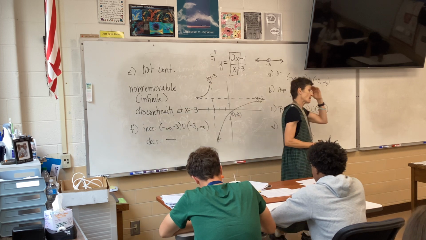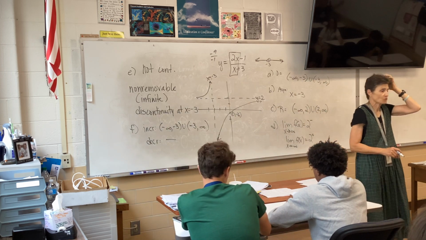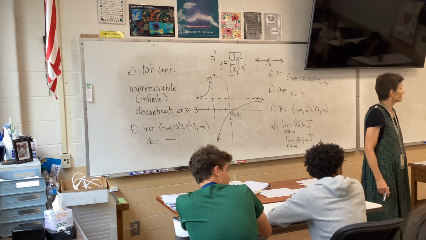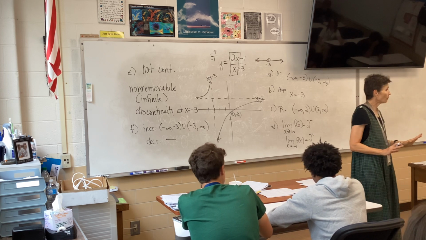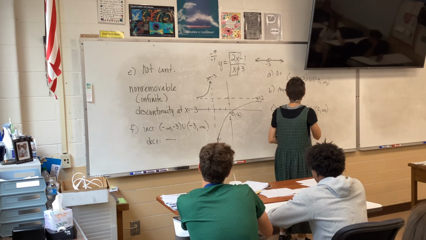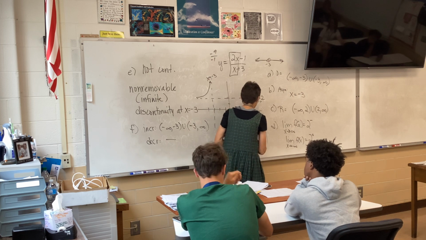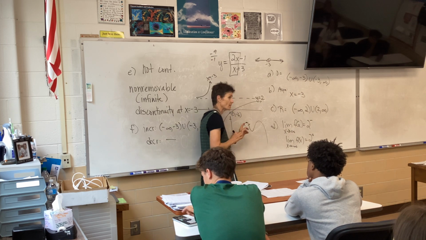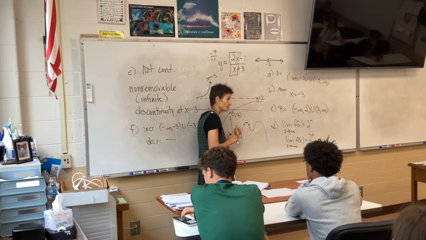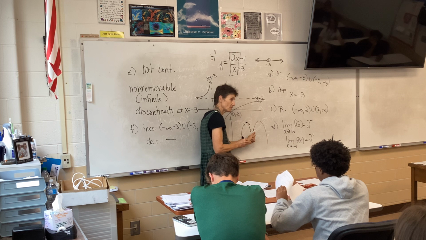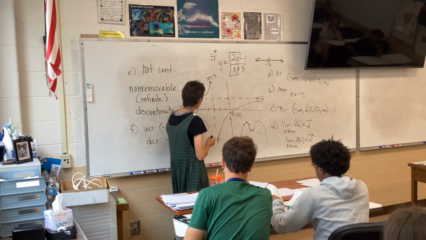Okay, who remembers how I described extrema yesterday? What are extrema, Liam? Isn't it the tops of hills and the bottoms of hills? It is. So it's relative high points and low points. So when you're sketching, you got some weird thing like this. This is a relative high point. Compared to the points on either side, that's a high point. This would be a low point compared to the points on either side. I want you to look at this picture.